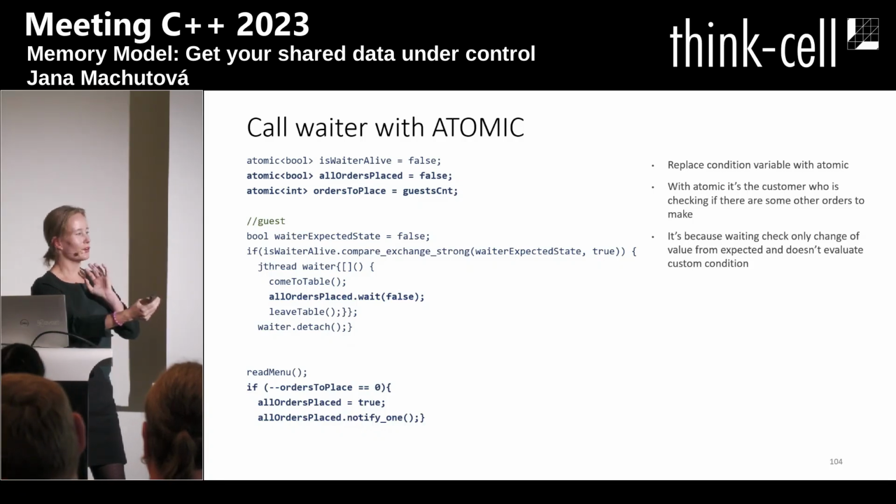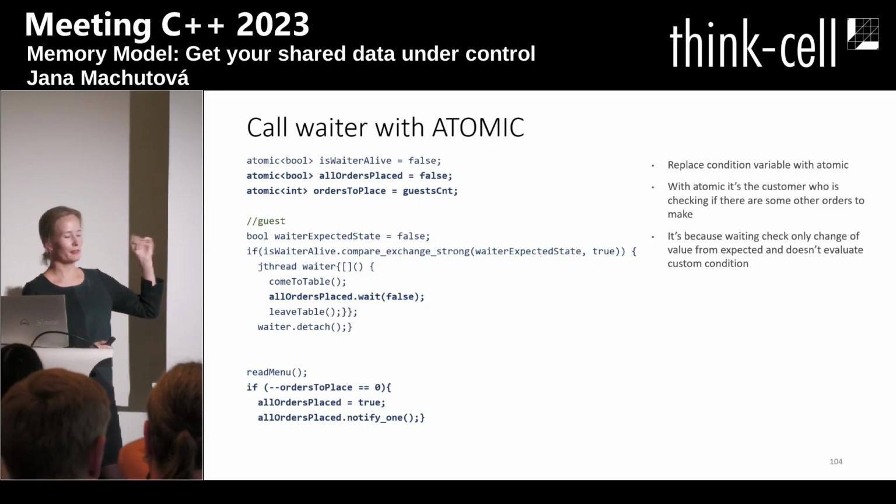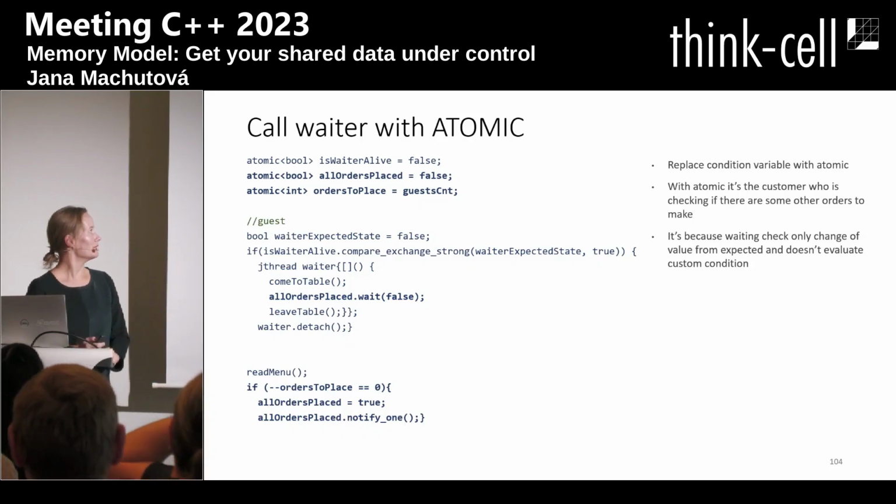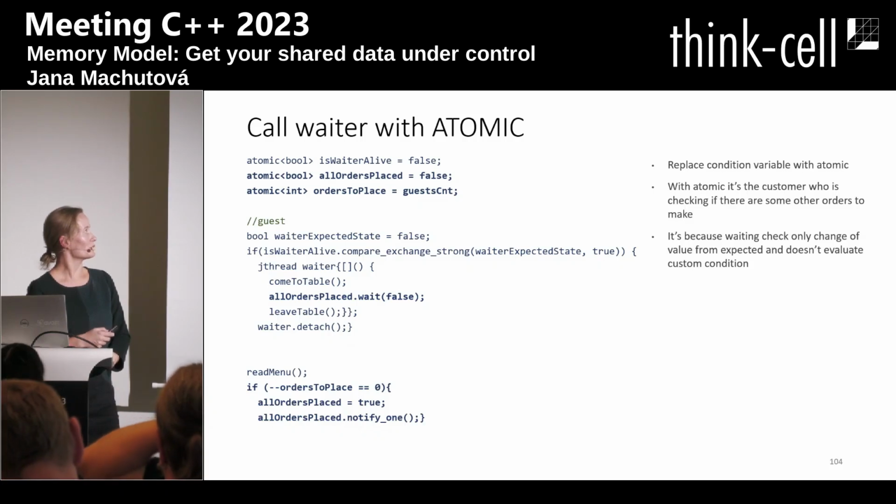There was, is the order amount equal to 0? Now there's, is it done? False, true, false. You're checking just the change of the value, like it's different than what you expected. So the last one has to say, okay, I'm the last one, and the waiter will know that.